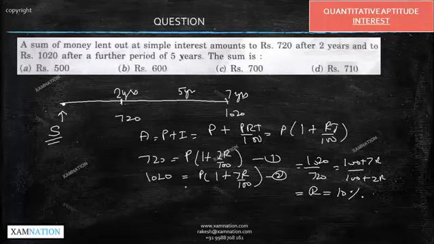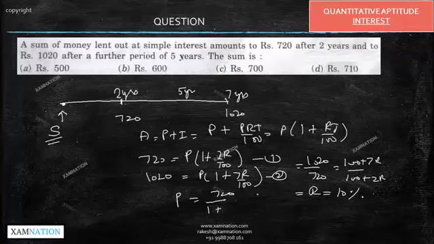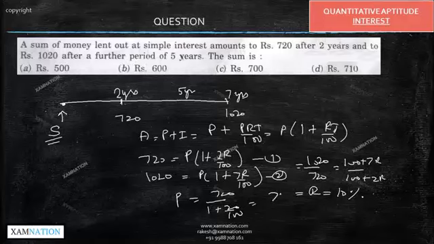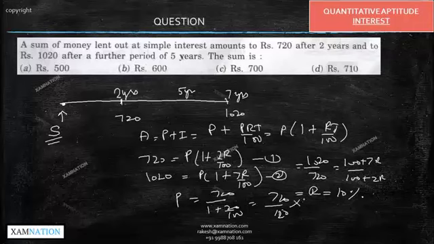When I put this value of R in the first equation, P times 1 plus 20 upon 100 is 720, so it becomes 120 upon 100, and the principal comes out to be 600. So B is the correct answer.